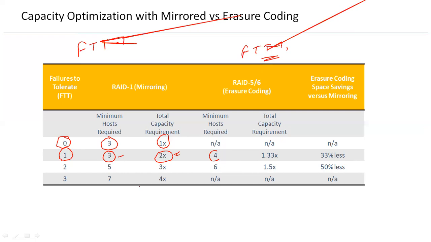For example, if I'm going to write 100 GB of data, it will consume 200 GB of total space.